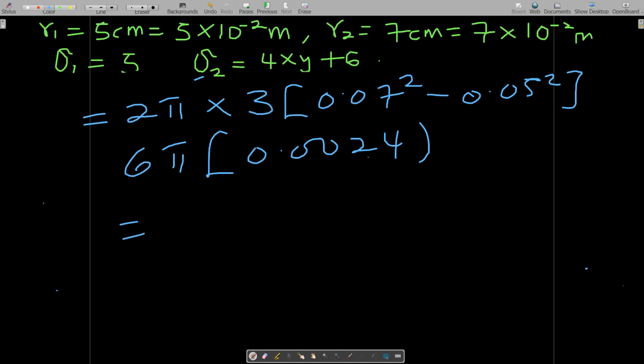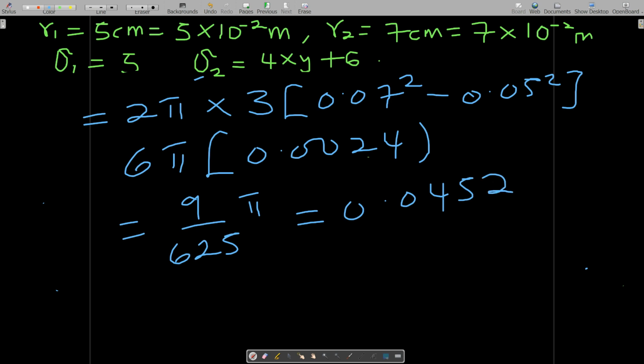So I have 9/625 pi, and in decimal this will give me 0.0452 in 4 decimal places, kilograms. So this is the total mass of the ring.